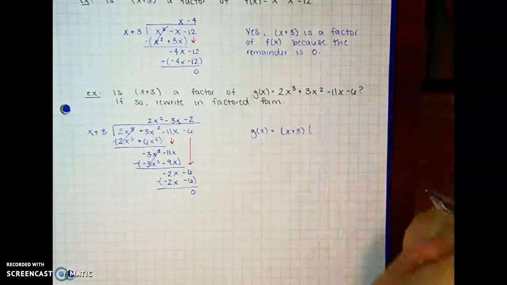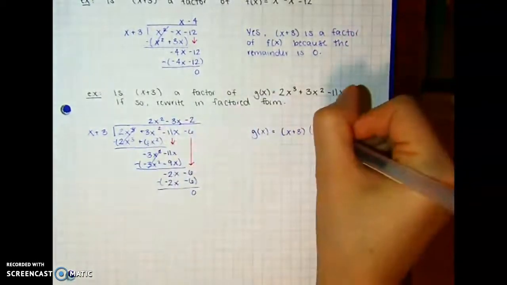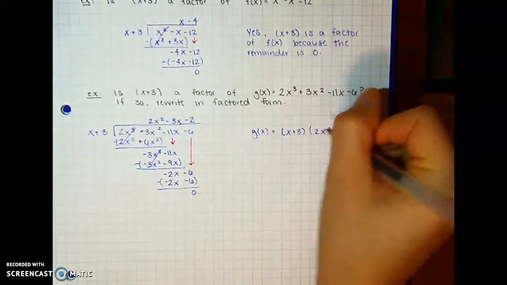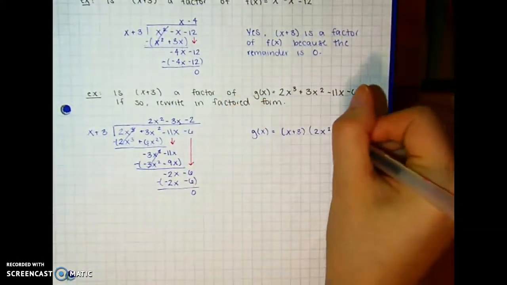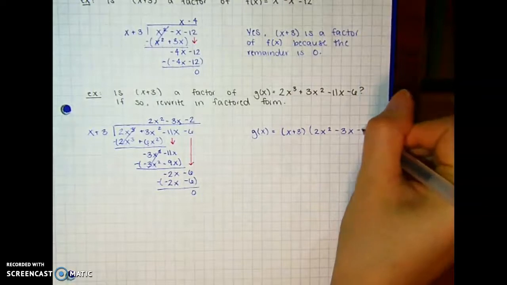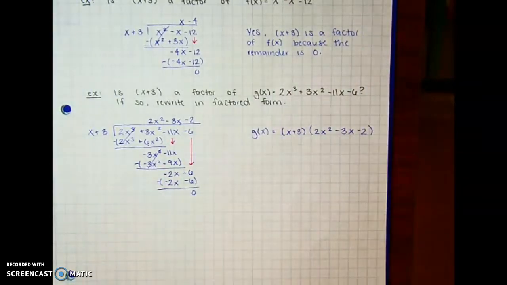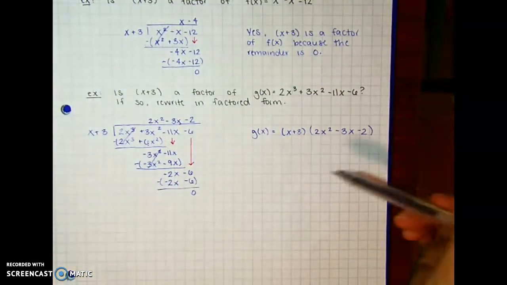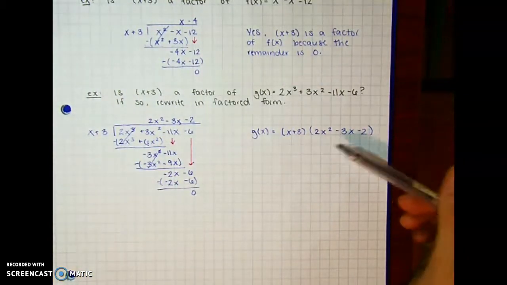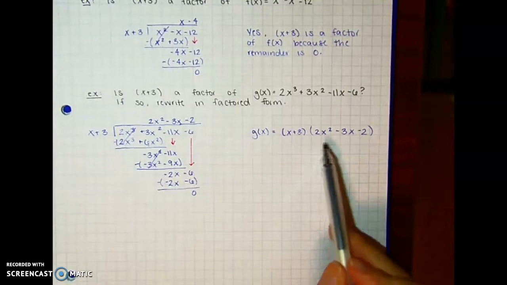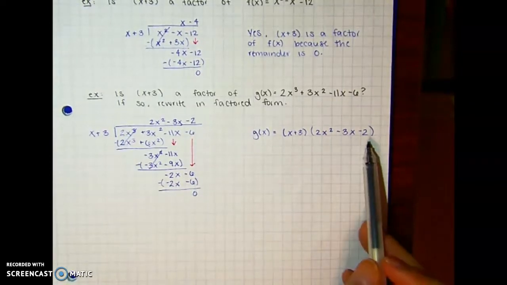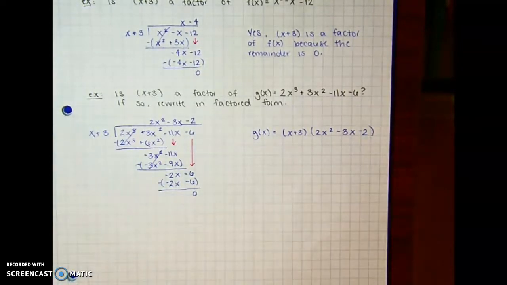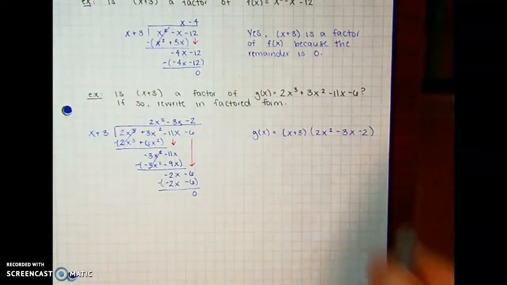And when we divided, we were left with 2x squared minus 3x minus 2. Now, I said rewrite in factored form. This isn't quite in factored form because we can still factor, right? 2x squared minus 3x minus 2 is factorable. So now I'm going to keep factoring.